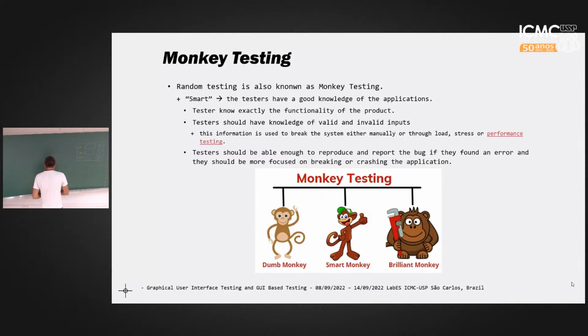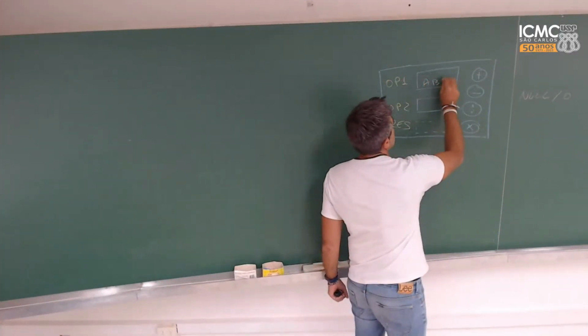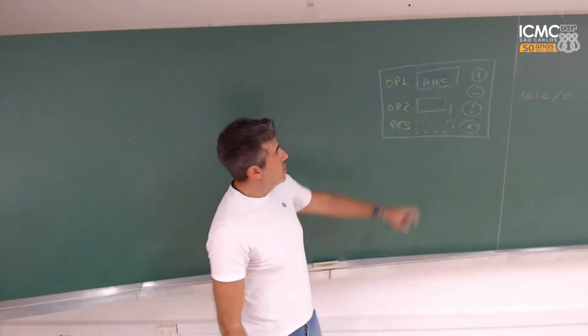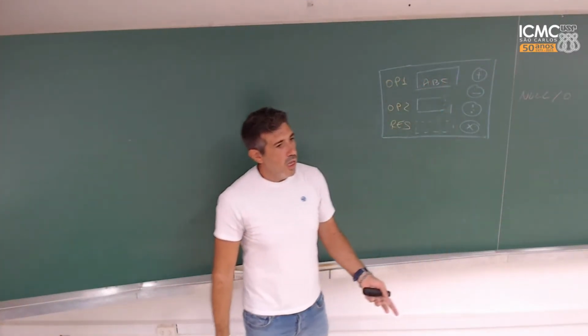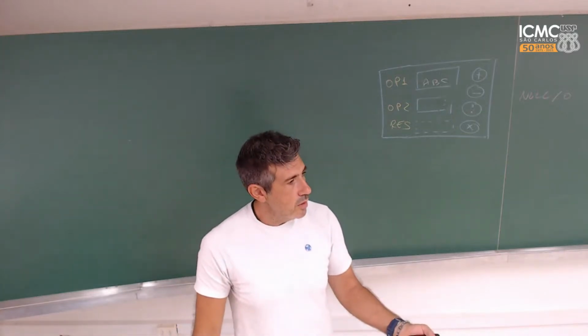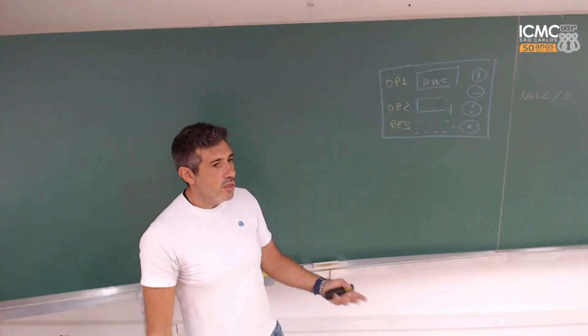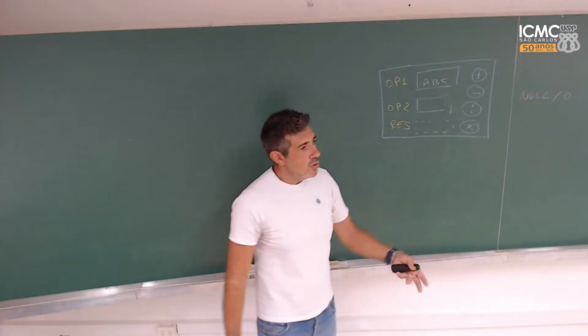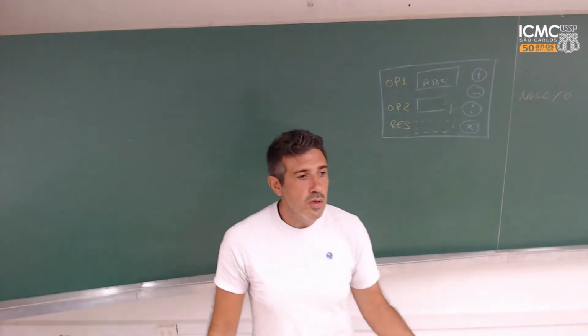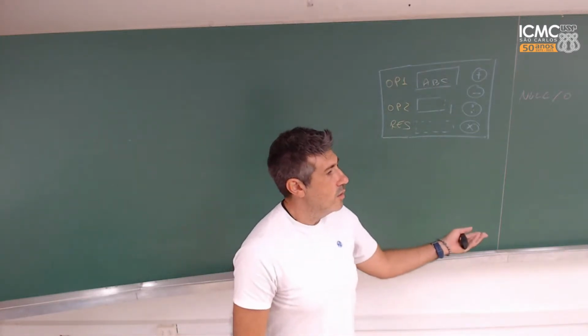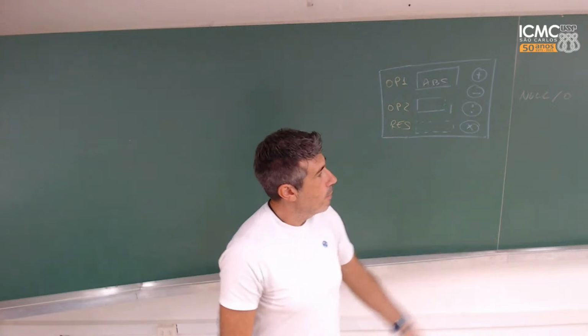As an example here, an invalid input is A, B, C, since I expect here a number that could be an integer or a real, but for sure an invalid input is a string, right?